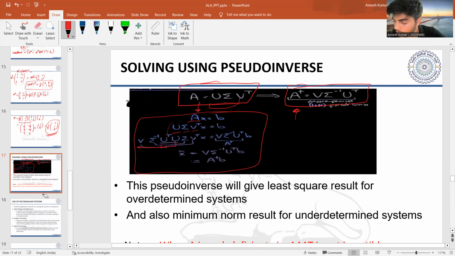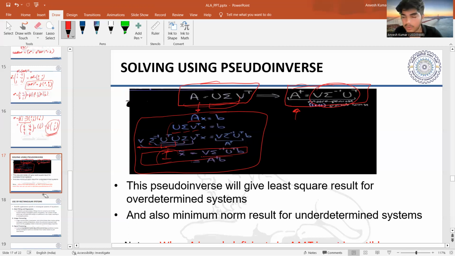So U transpose U converts to the identity matrix, sigma inverse sigma converts to the identity matrix, and V V transpose converts to the identity matrix. So here we have the identity matrix, and on that side we have an inverse of it. So if A is this, A inverse is this. And this is called the Moore-Penrose pseudo-inverse.